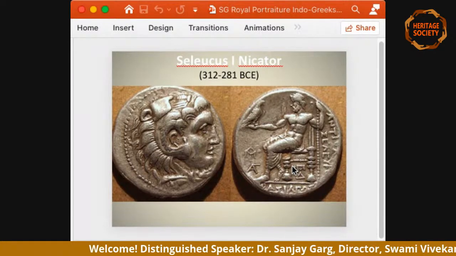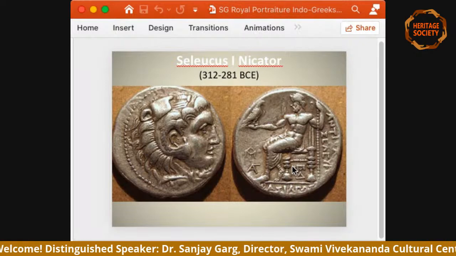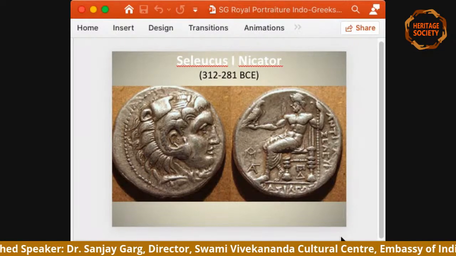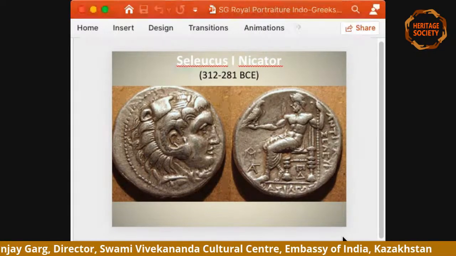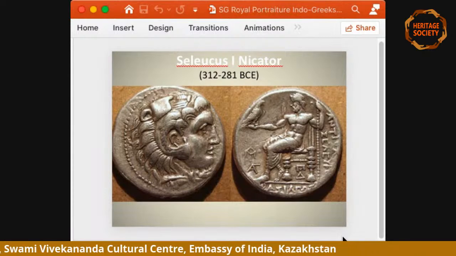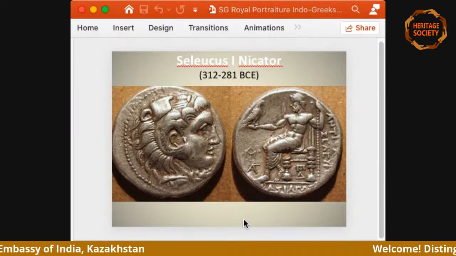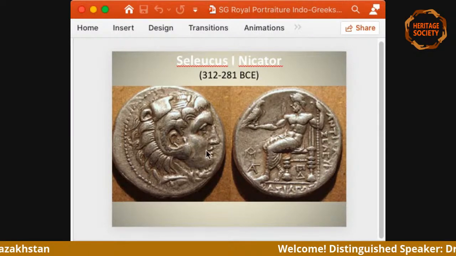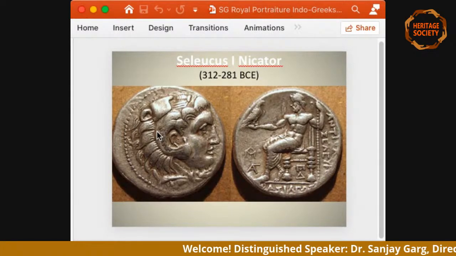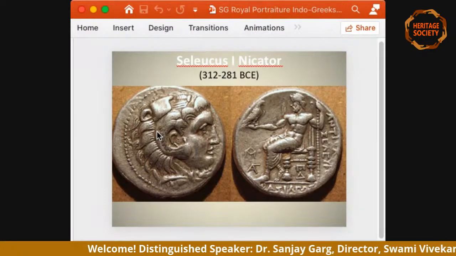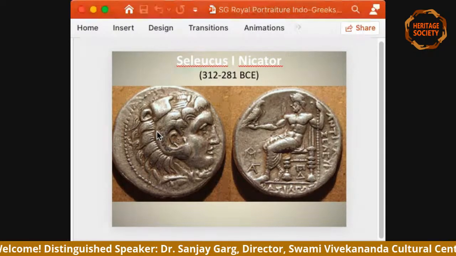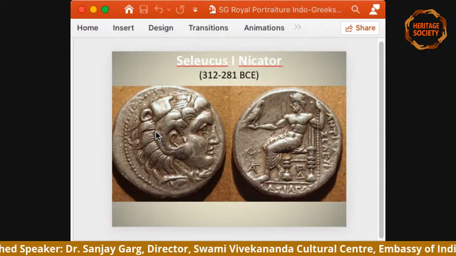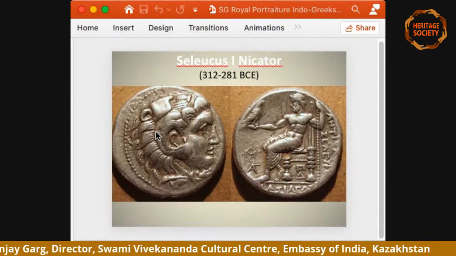And this particular coin has the names inscribed in Greek, both of Seleucus as well as his viceroy Antiochus. So on the obverse, you see the head of the Greek god Heracles, who is the god of strength, courage, and one of the sons of Zeus.